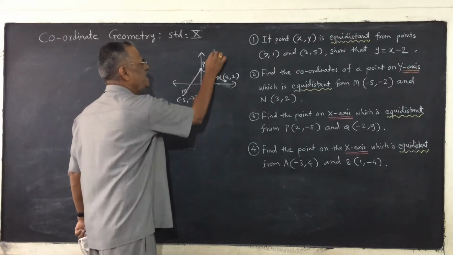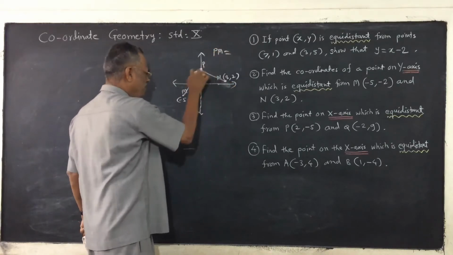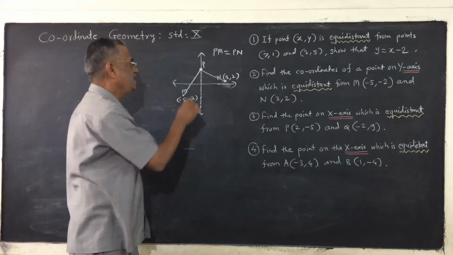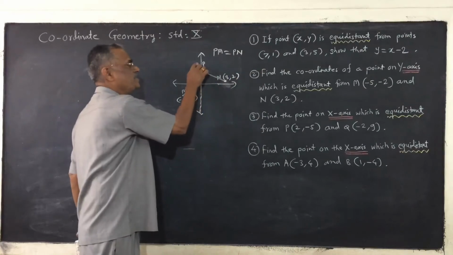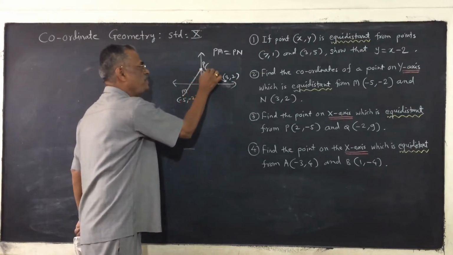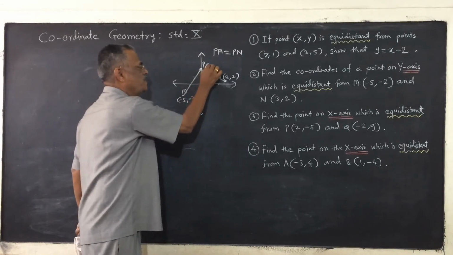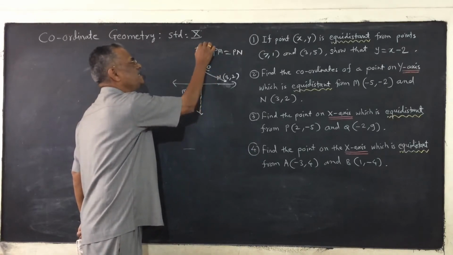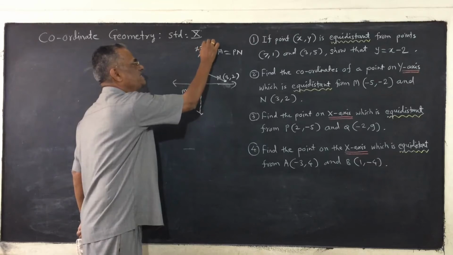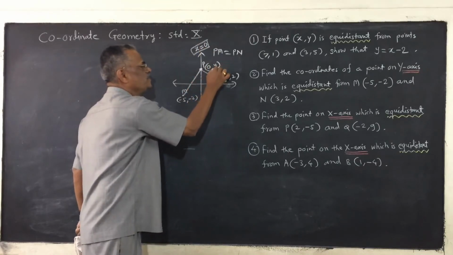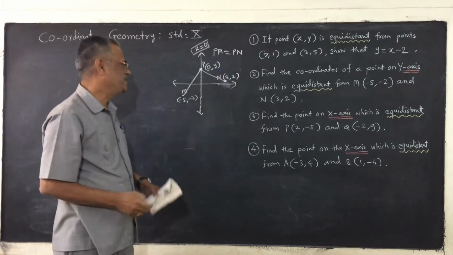It is given that PM and PN are equal. See that point P is on the y-axis. When the point is on the y-axis, remember that the x coordinate is 0, because you know the equation of the y-axis is x equal to 0, and we don't know the exact y coordinate.